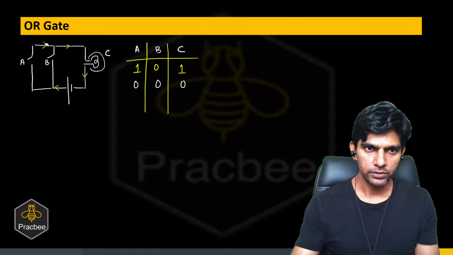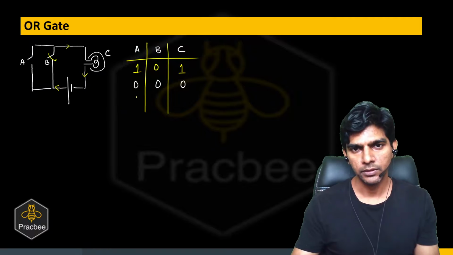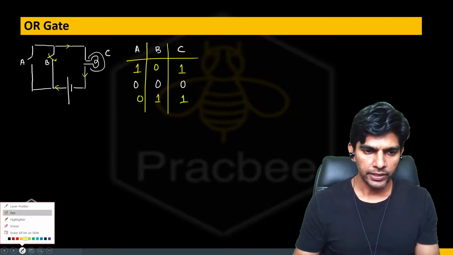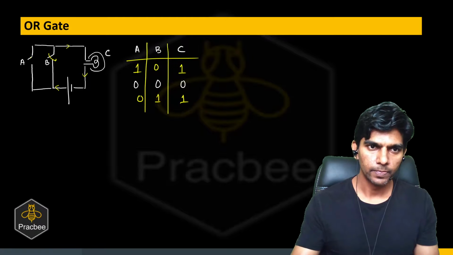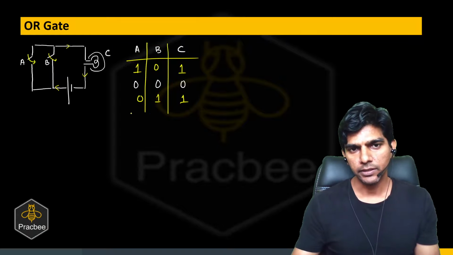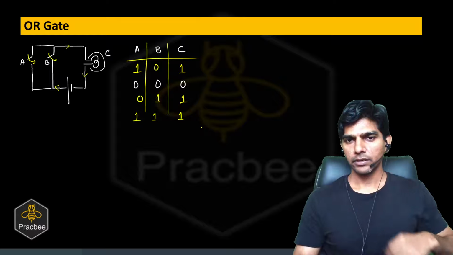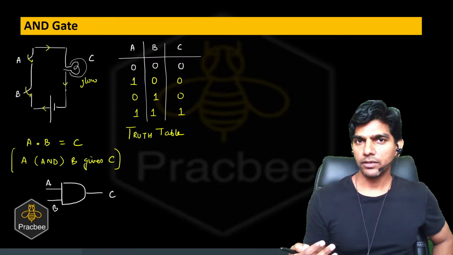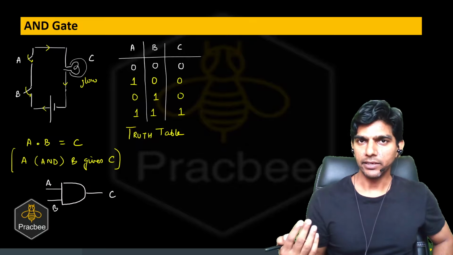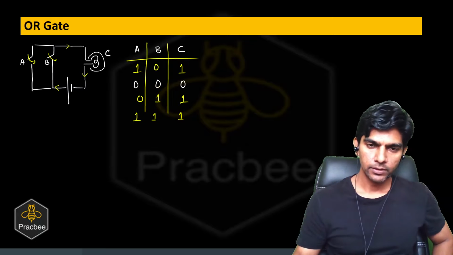Now if we close the switch B and keep the switch A open, it will be 0, 1, and we'll get a high output. And if we keep both the switches closed, again we'll get a high output. So in the OR gate, if any of the inputs is high, we'll get a high output. And in the AND gate, only if all the inputs are high will we get a high output.